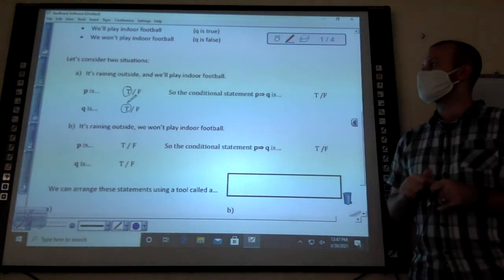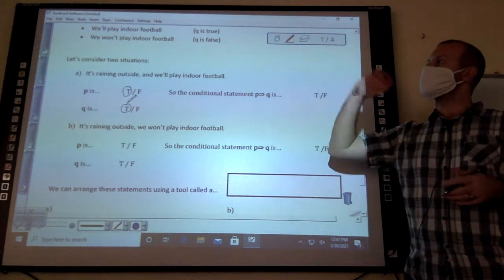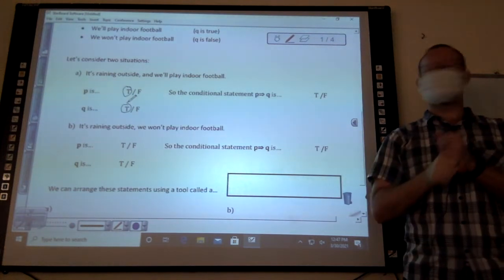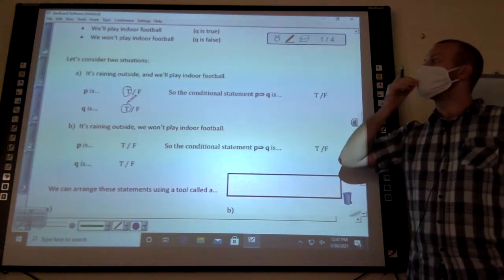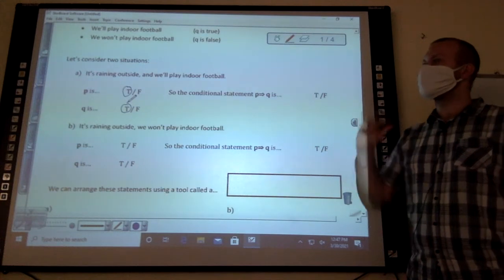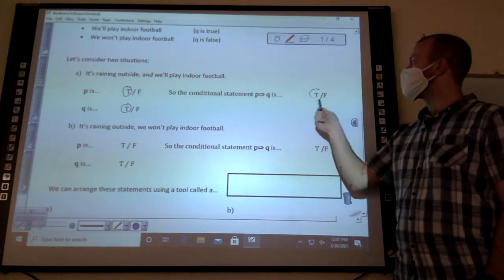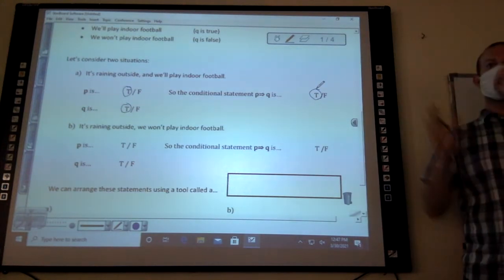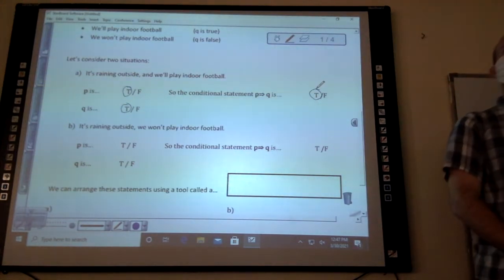And that's what we need to think about. It says, if it's raining outside, then we play indoor football. So it's both raining and we're playing indoor. So this overall statement is true, because the initial thing is true, the final thing is true.